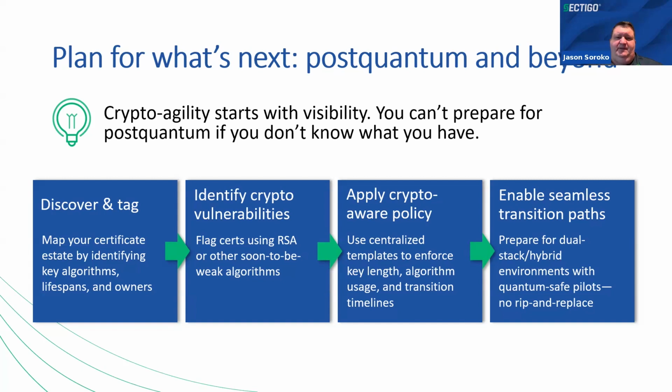So, in other words, you can't manage what you don't know you have. You need discovery. You need the ability to tag all of this context, understanding the vulnerabilities that are going to be there today and tomorrow, having a modern policy once you've taken that inventory, and then understanding what your transition path is going to be in the future.